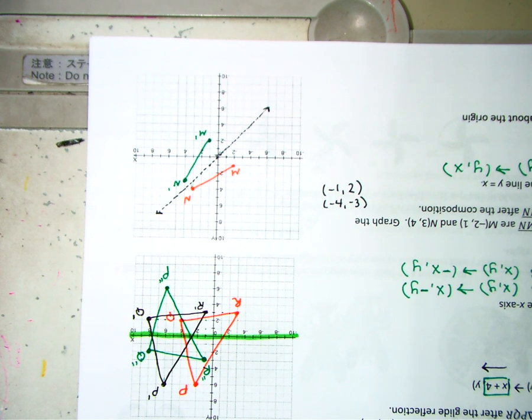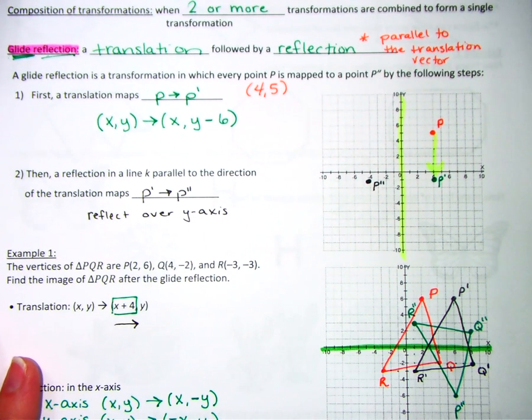And that gives the new coordinates that you can graph if you want to see this visually. So I'll go -1, 2, and I'll go -4, -3.